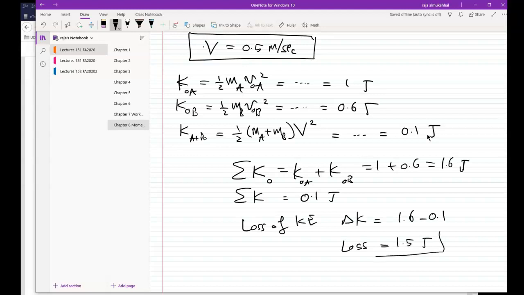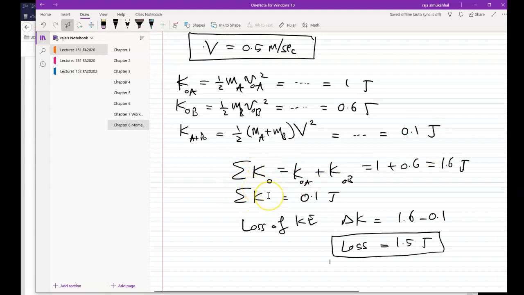Where did it go? Well, it went into something else, say acoustical energy, most of it heat, and so on. In other words, in inelastic collision, the kinetic energy is not conserved. For elastic collision, which we're going to cover in a minute, the sum of the kinetic energy before and after are actually equal to each other, okay?